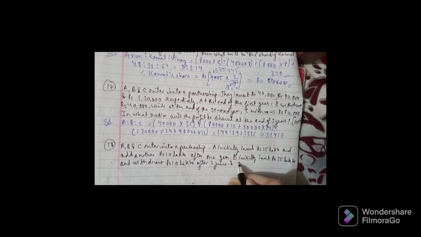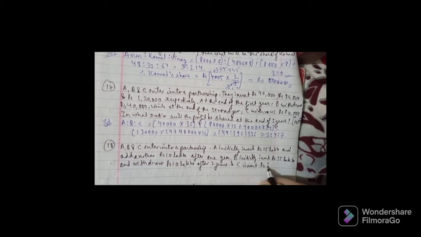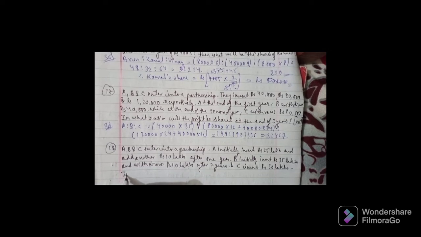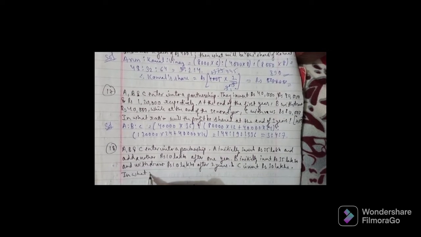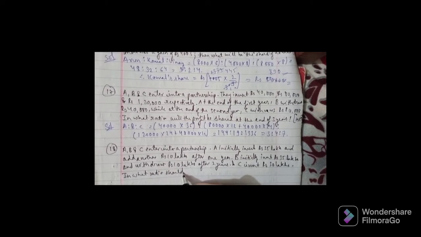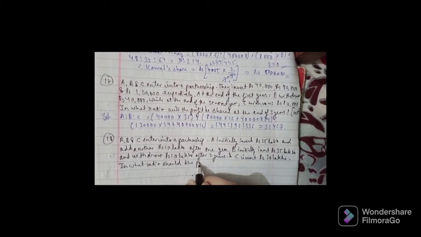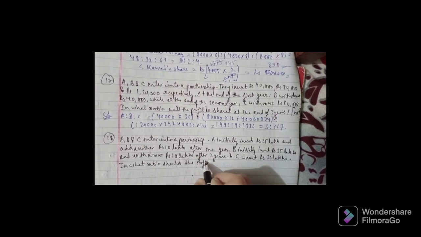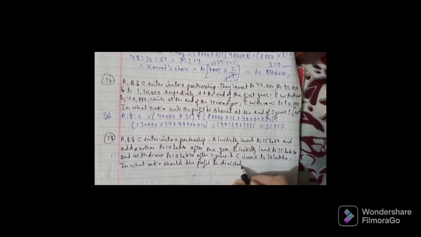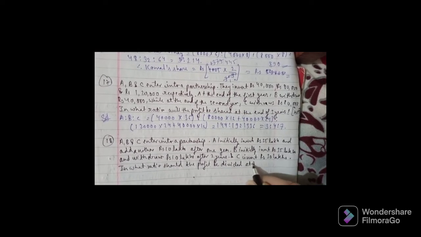And C invests rupees 30 lakh. In what ratio should the profit be divided at the end of the 3 years?